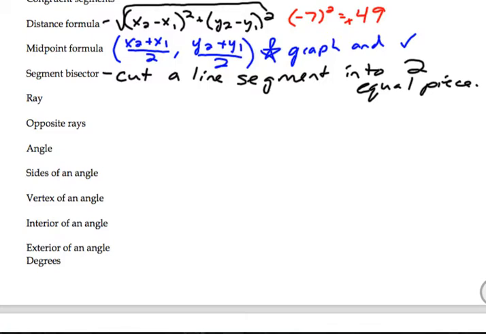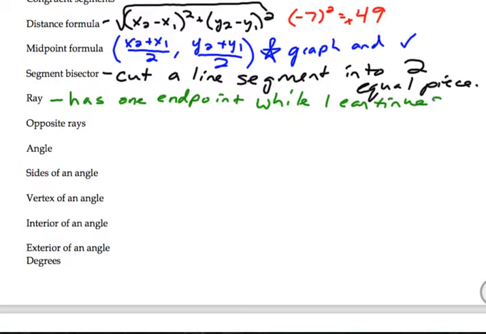A ray has 1 endpoint, while 1 continues. In other words, if I have AB with a line above it, in my brain, that means it starts at A and goes through B. It continues on and on forever. That's why they add that arrow in there.